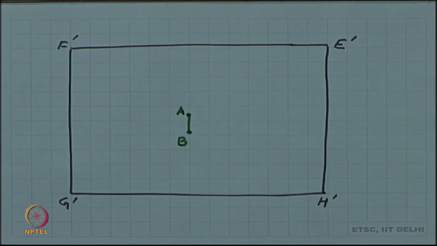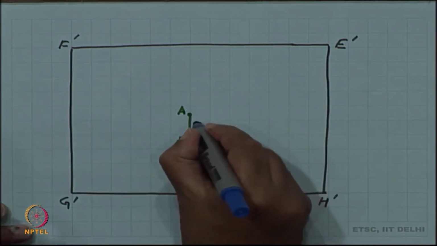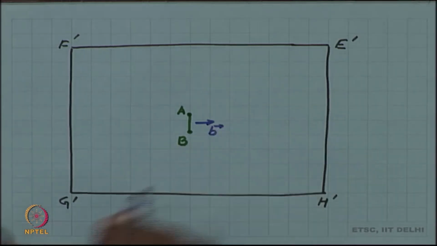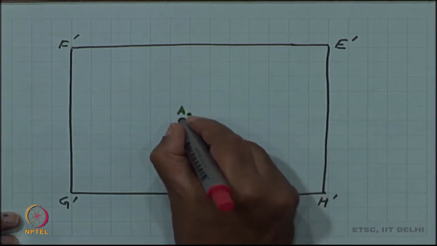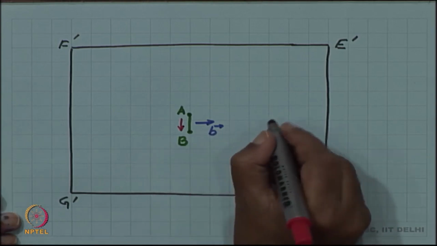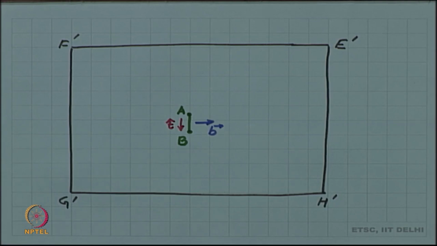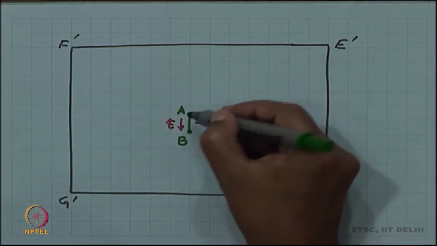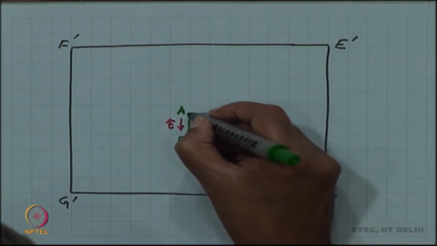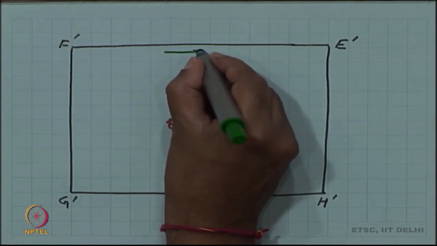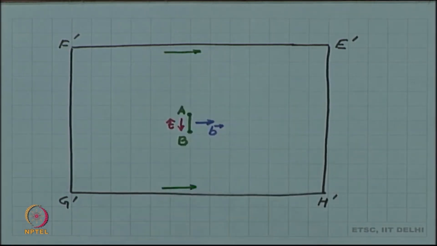The dislocation Burgess vector we had decided to be in this direction, and the line vector was parallel to the dislocation line pointing from A to B. Now, since this dislocation line segment is pinned at A and B, but it still is feeling a shear stress in this direction because of the applied shear stress on the top and bottom faces of the crystal.